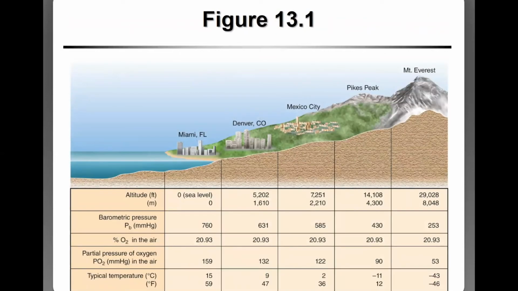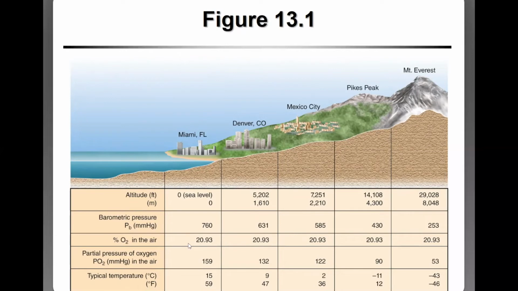So to reiterate that statement, we have a comparison of different cities at sea level, at moderate altitude, and then extreme altitude. The barometric pressure, you can see it drops as we move into altitude.